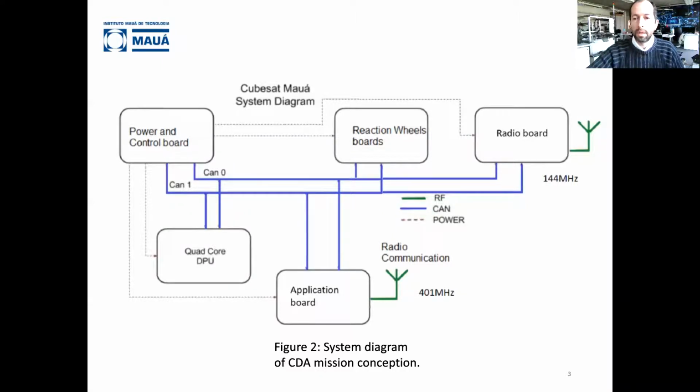Okay. Another board that we constructed is the quad-core DPU. DPU is a 4 ARM M4 that we have implemented with the same software in each microcontroller.